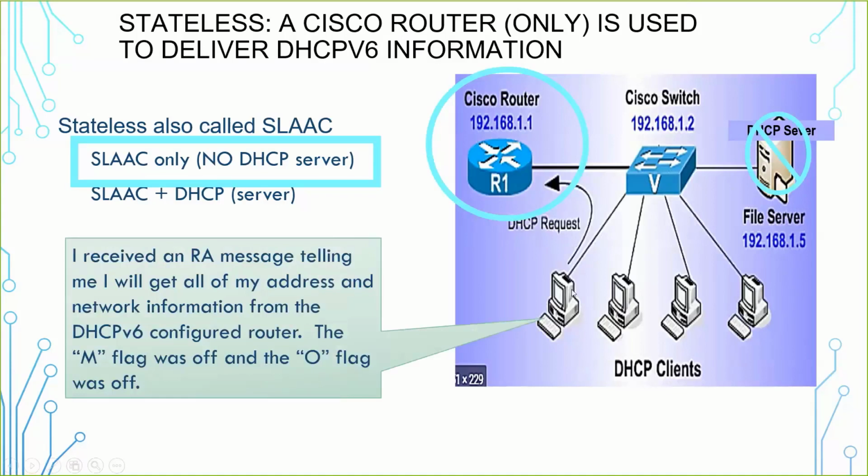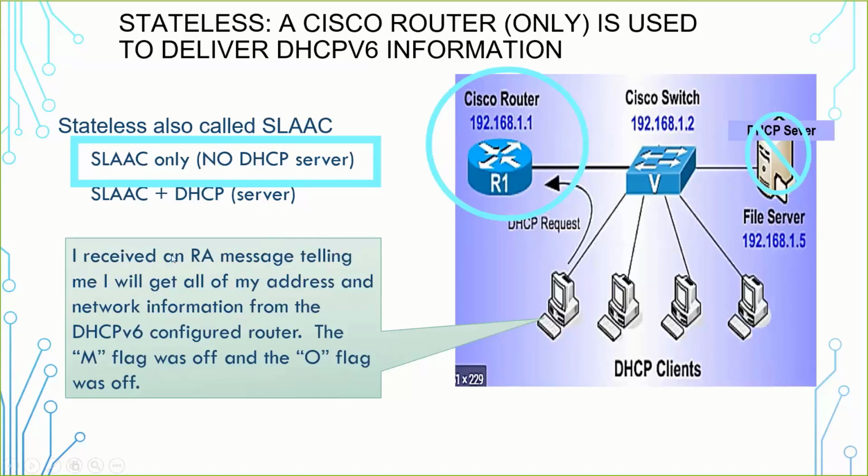So if we have this computer that comes online, the first thing it does is it starts talking because it wants to get an IPv6 address. So notice what it gets back from the router, right?